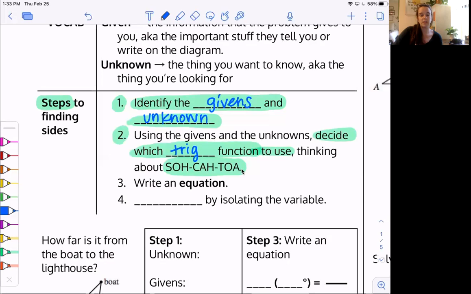We're thinking specifically about SOHCAHTOA, sine, cosine, and tangent. Step three is we're going to write an equation. And step four is we're going to solve that equation.